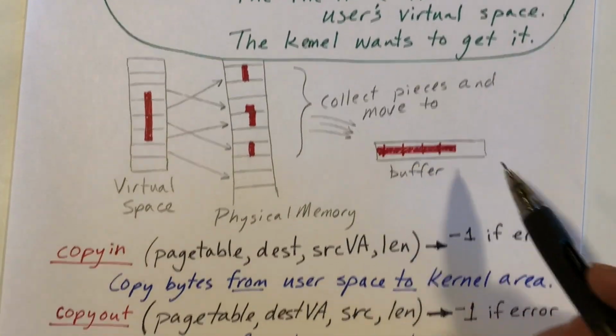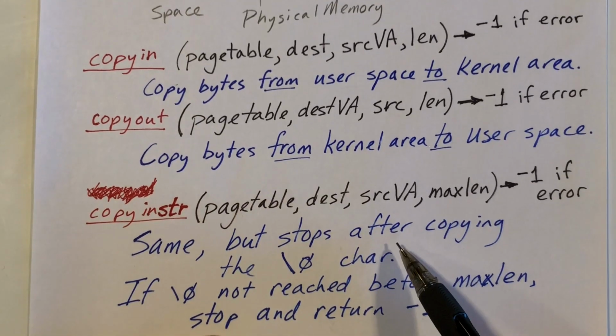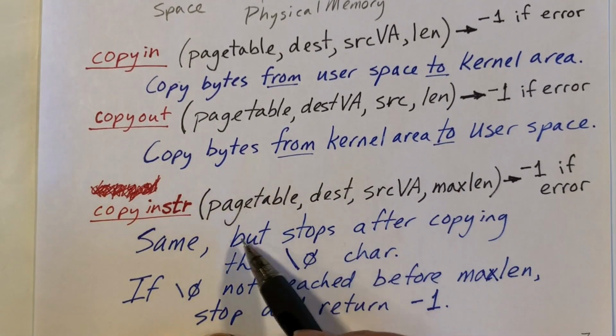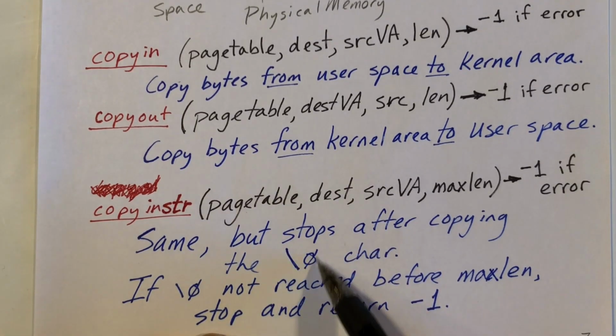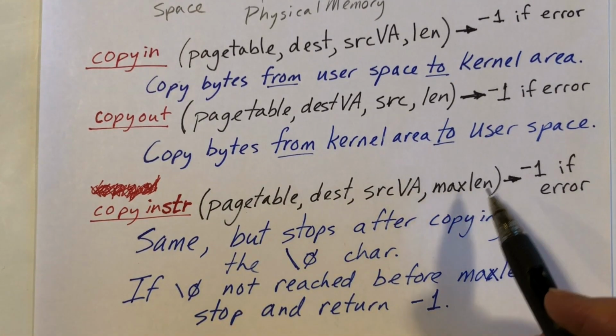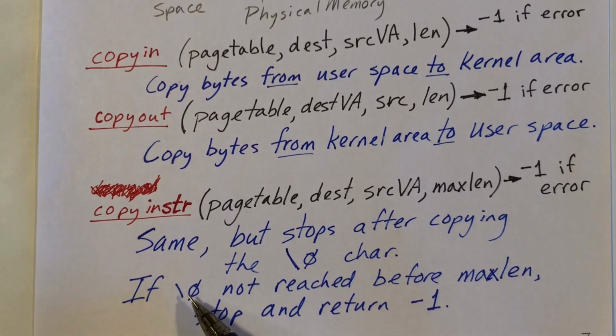This is probably going to be the buffer length. And so it will start copying, and it will go up to max length, but it will stop after it copies the null terminating byte at the end of the string. If it goes all the way to the maximum length without encountering the terminating null byte, then it will stop copying and it will return a -1 to indicate that there was some sort of an error.